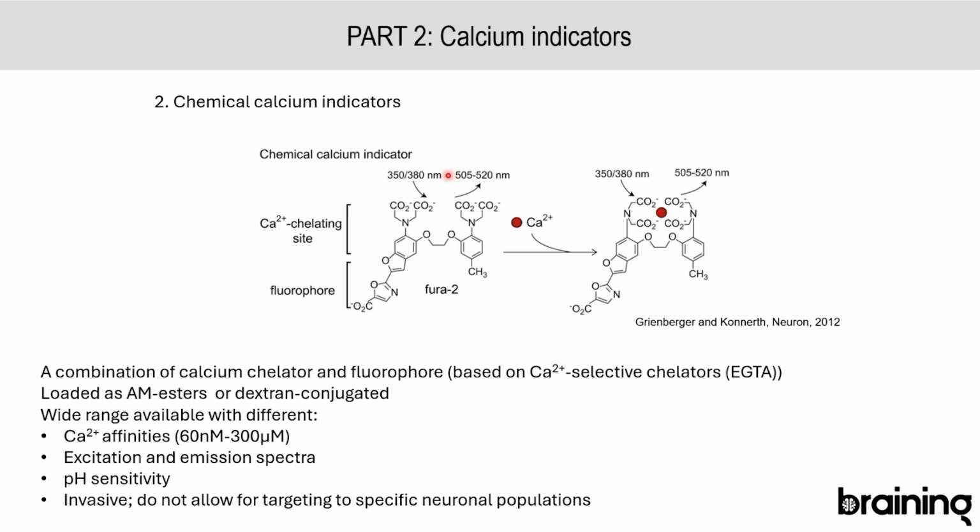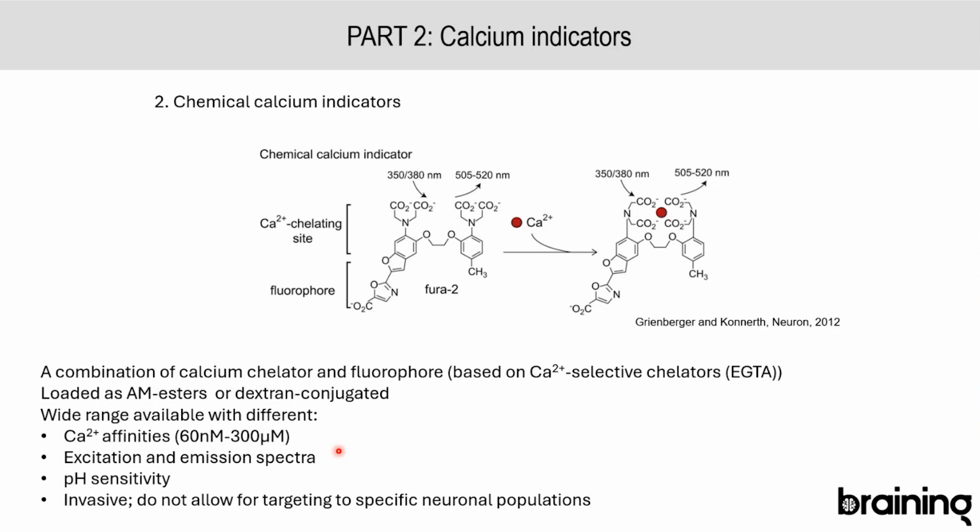They are conjugated with AM esters or dextran conjugated that will allow them to cross the membranes and enter the cells. They have different calcium affinities, which is also interesting because we can choose depending on the type of cell and if we have more or less calcium in the cytoplasm to be evaluated.